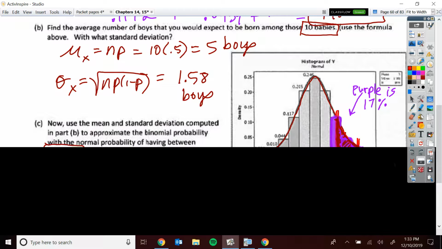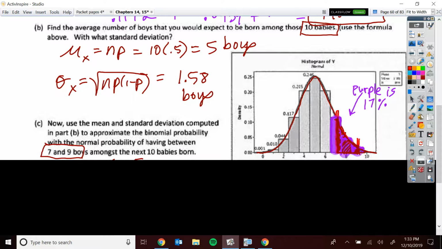So I want us to take a look at this picture I have drawn here. What I have in purple here represents the discrete probability of the 7 boys plus the 8 boys plus the 9 boys added together.